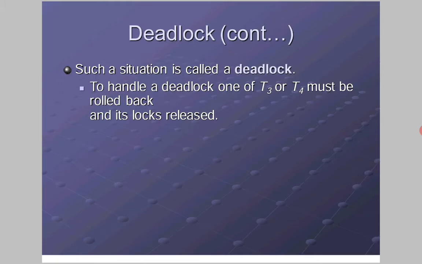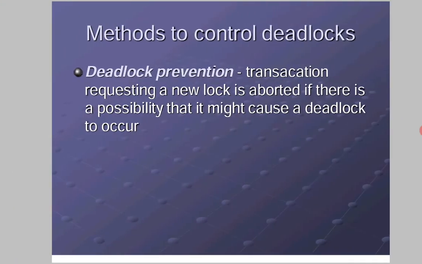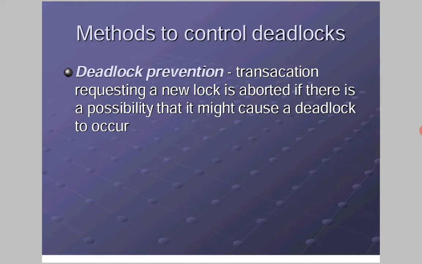To handle a deadlock, one of T3 or T4 must be rolled back. The definition is simple: whenever multiple users try to read or update the same record in a transaction, the situation that arises is called a deadlock.